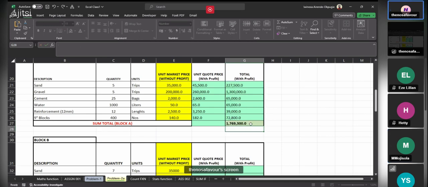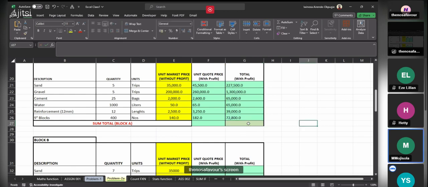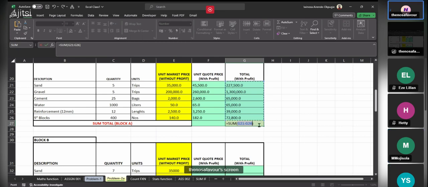Alternatively, there's a trick you can also use. On your keyboard, you have a key called Alt. If I click on Alt and equals to, you see it just brought out the formula for me. But this has to be done on either the next row or the next column. What do I mean?